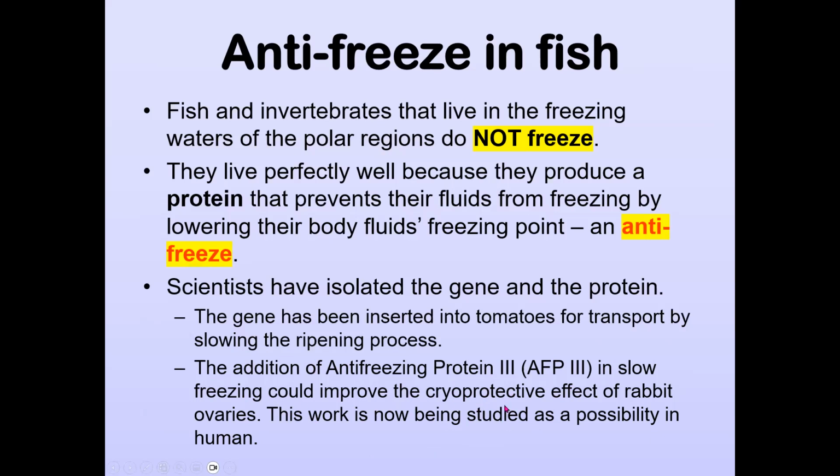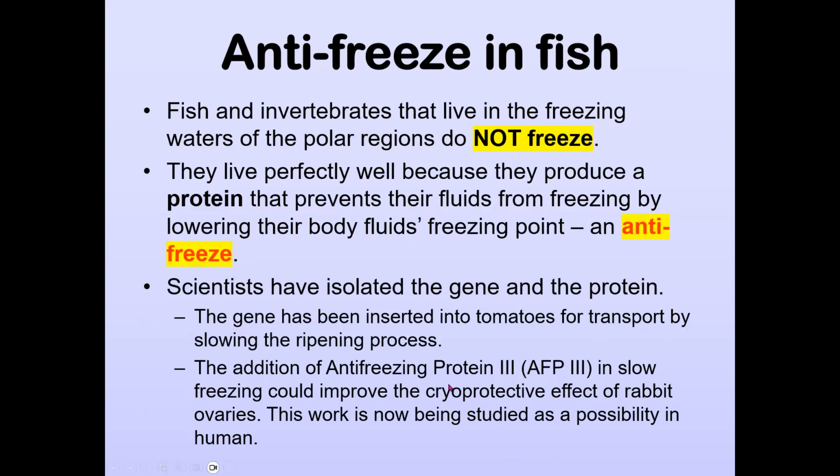Now this is something I found yesterday or Saturday. There is a protein called anti-freezing protein 3, AFP3, and someone discovered it not long ago, and I thought, how can we use it to freeze eggs, for example, human eggs or human sperm, without any effect to those cells.